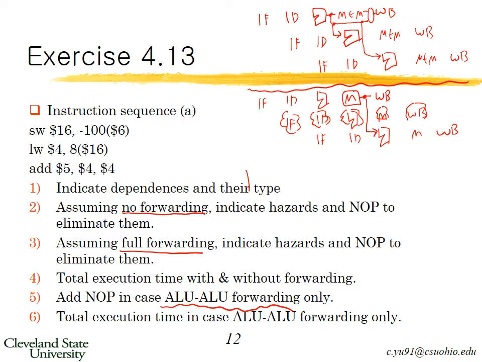On the other hand, at the bottom, in case a load word instruction is the first instruction, the new value of the destination register is coming from the memory module rather than the ALU module. So in that case, I consider that memory to ALU forwarding. So the top one is ALU forwarding. The bottom one is memory to ALU forwarding.